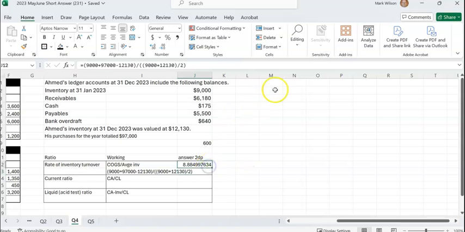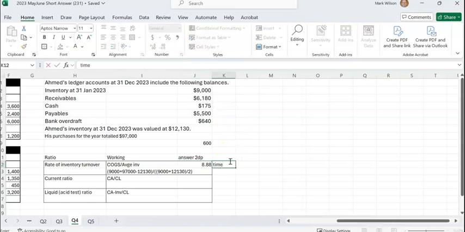And because you've been asked to do this to 2 decimal places, you get punished if you don't. So just take it down to 2 decimal places. And the answer is times. So basically you turn over your average inventory 8.88 times, which is probably a month and a half, maybe just under a month and a half. So the time the inventory comes in to the time the inventory goes out takes a month and a half to turn over.